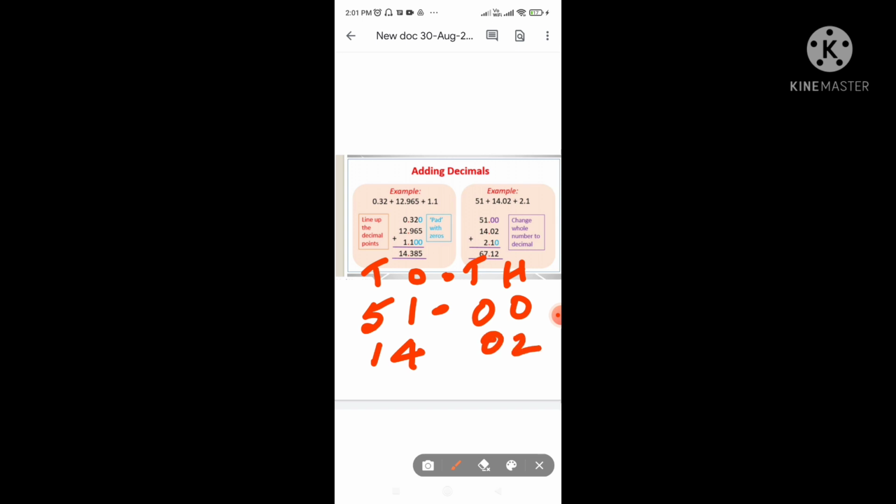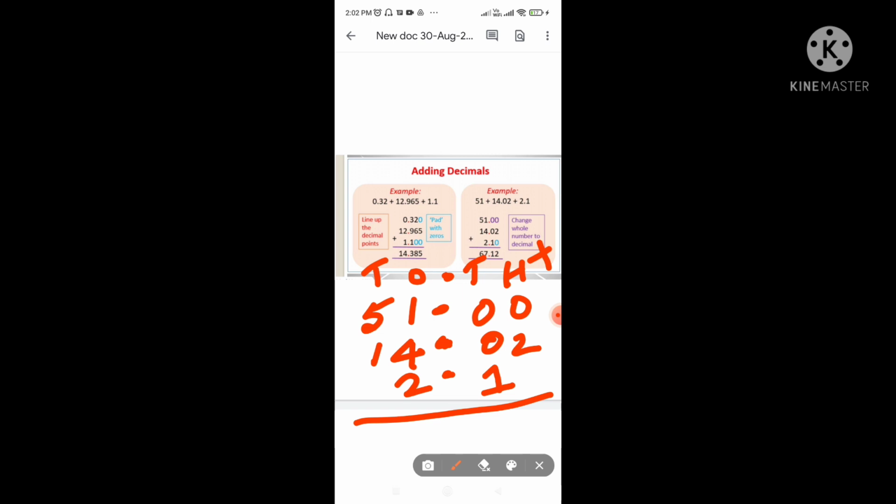That means 0 in tenths and 2 in hundredths. The third one has 2 ones and only 1 tenth. Then after the decimal we add 0 in the hundredths place.